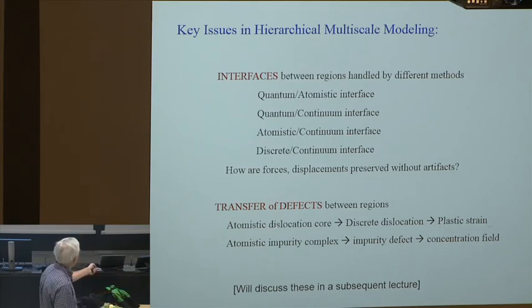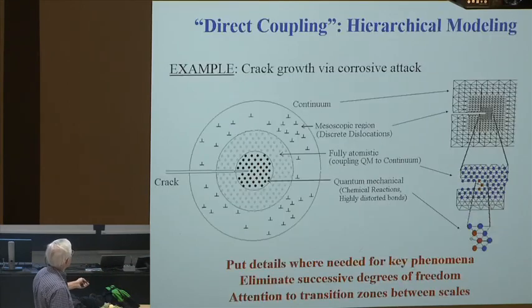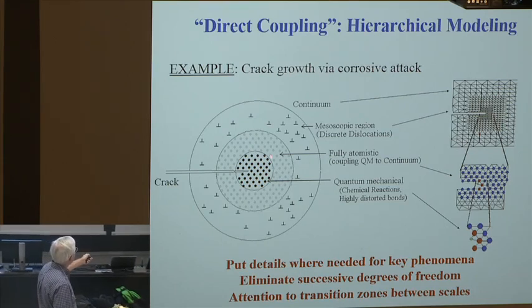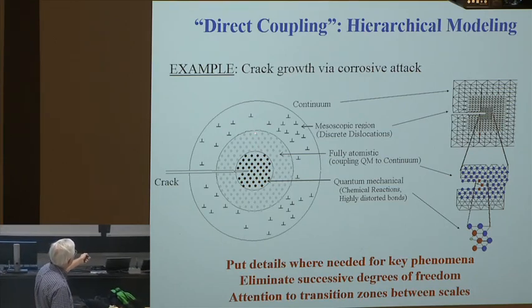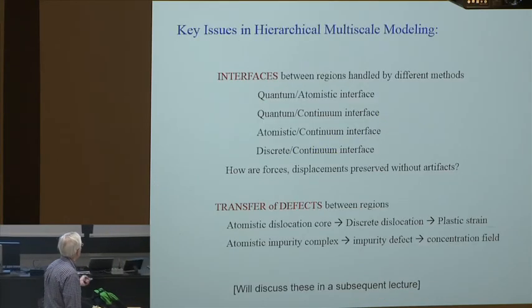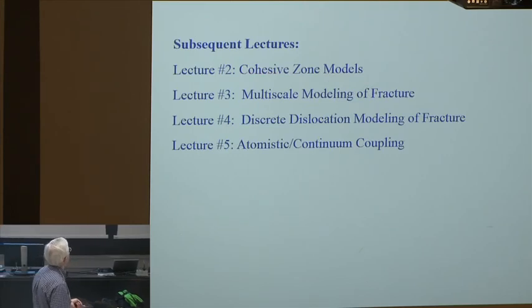So how do I go from this description to that description to that description? How does a dislocation start here, move through here, end up in here, and then become part of the plastic field? That's the other challenge with multi-scale modeling. So how do I couple things at the interfaces, and how do defects go back and forth? Okay, and we'll discuss these a little bit later.